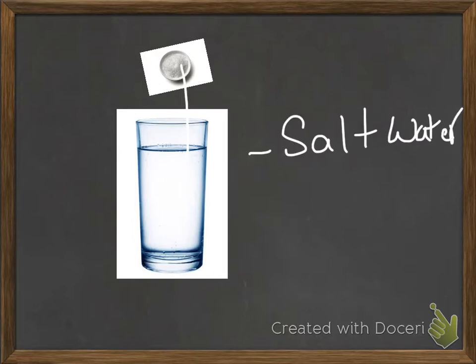Salt water is a very good conductor of electricity because salt is an impurity added to the water, which causes the water to become a good conductor of electricity. When impurities are added, this causes the liquid to conduct electricity.